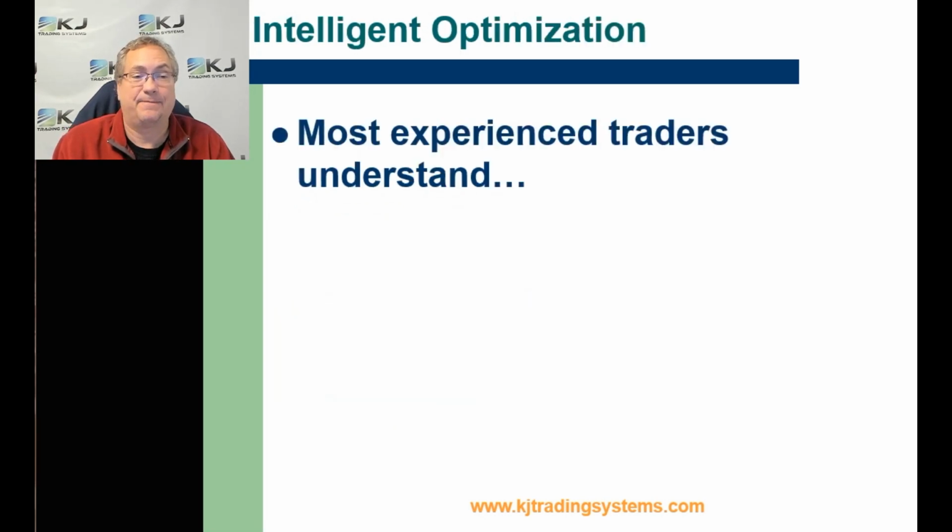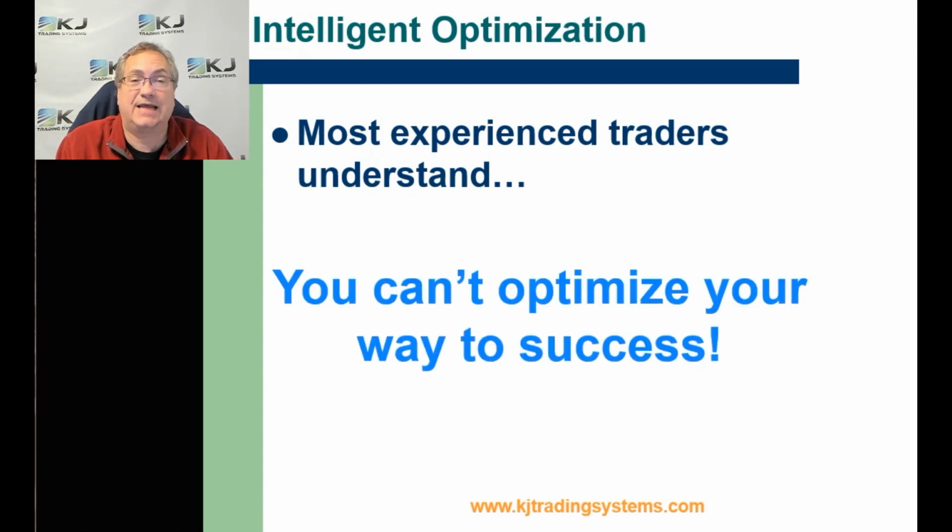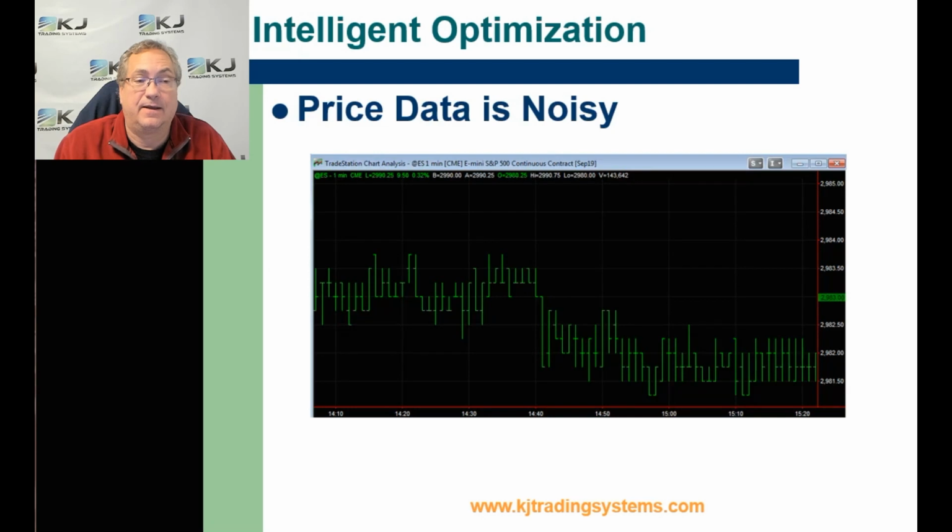First, intelligent optimization. Most experienced traders understand that optimization is not the way to get trading success. It just doesn't work. And the reason is price data is noisy. There's a lot of back and forth and it's hard to find signals.